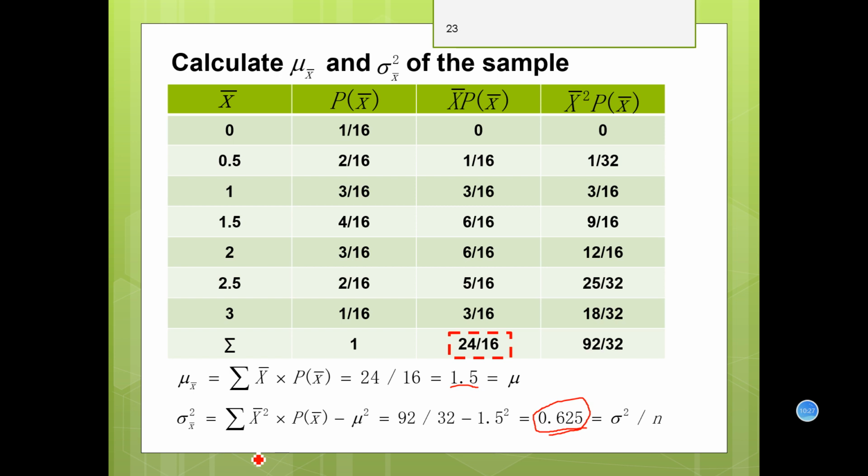So that means sigma x bar square equals sigma square divided by n. So that is how we can get the formula for the variance of x bar.